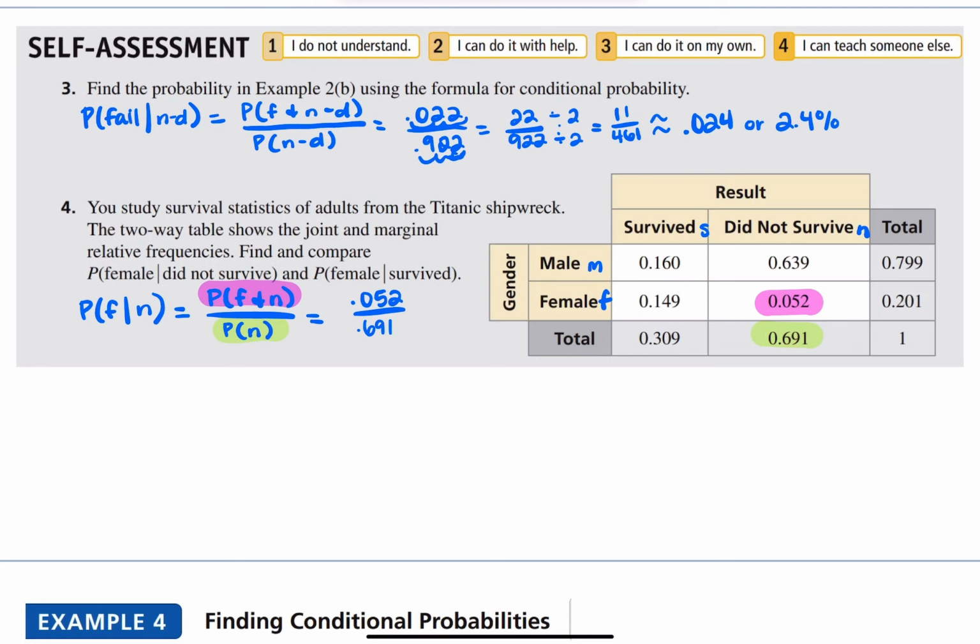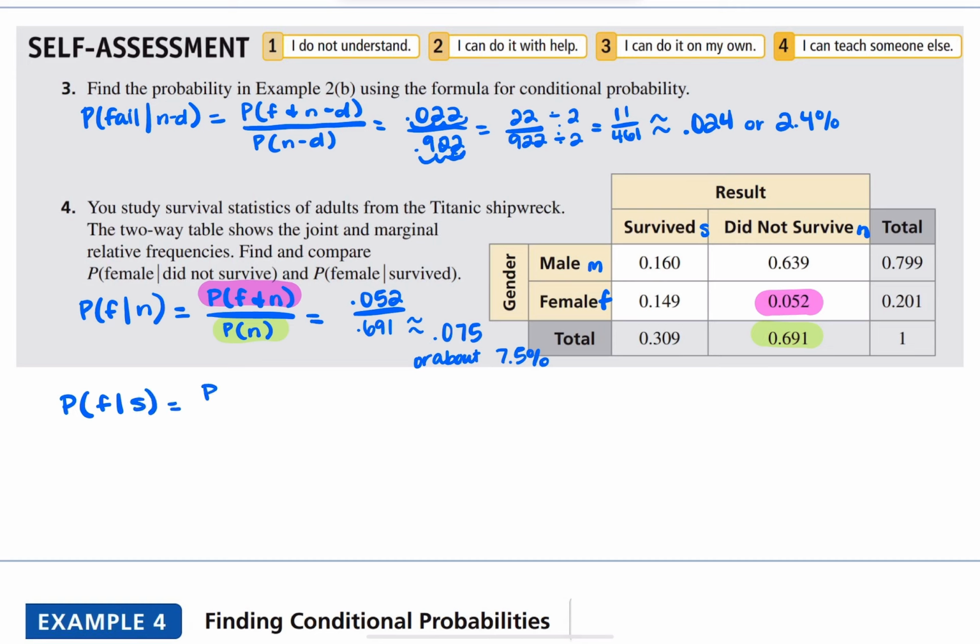I'm going to go ahead and write this as a decimal since we're going to compare. It's going to make it a little easier. So this is going to be 0.075 or about 7.5%. Okay, then we're going to find the probability that they're female given that they did survive.